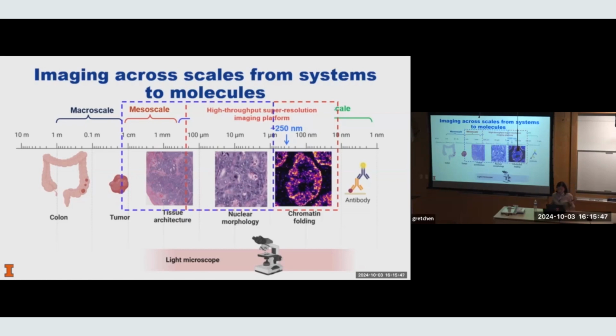With that motivation, we want to develop a mesoscale system that can capture as many cells as possible while maintaining high resolution. Ideally, we want to link all the mesoscopic changes all the way down to the nanoscopic, so we can get molecular-scale information together with the tissue microenvironment, all on the same tissue.